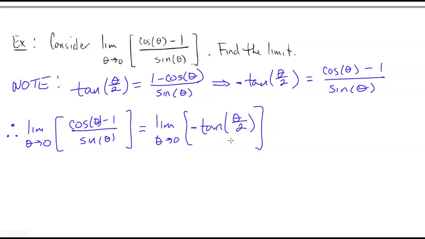And 0 is in the domain of tangent theta divided by 2, so I can literally just plug in 0 for theta. And of course, this is just negative tan of 0, and tangent of 0 is just 0. So we see that we come out with that outcome a whole lot faster because we remembered some of our trigonometric identities here.